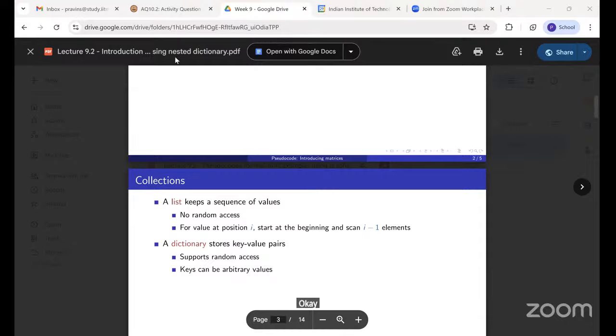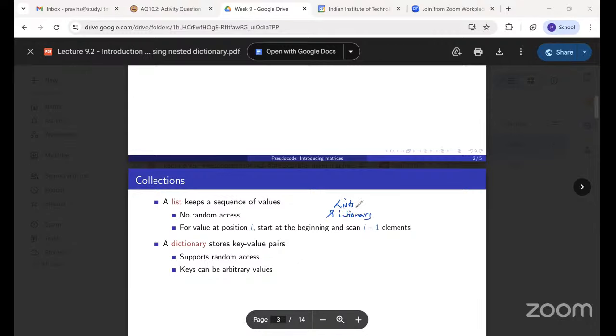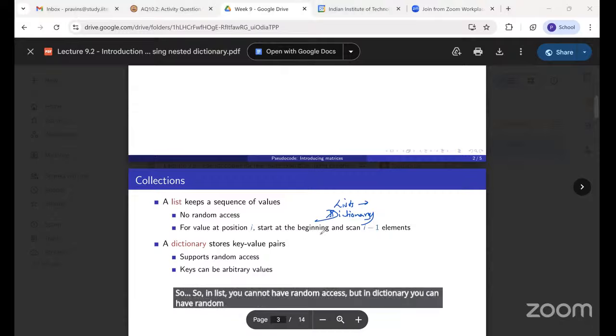Okay. So far we have seen lists and dictionaries, right? And in the quiz 2 exams also you might have seen the list and dictionary concepts. So in a list you cannot have random access, but in a dictionary you can have random access using the key value.